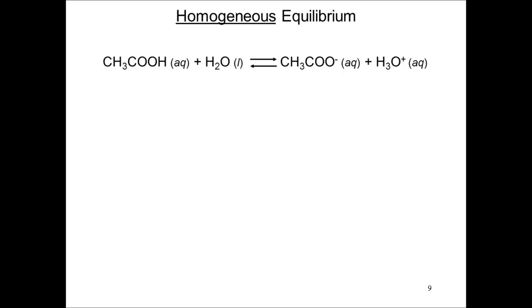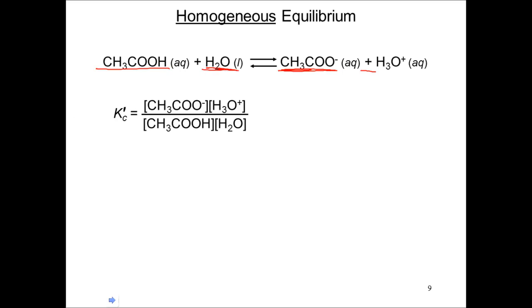On slide 9, homogeneous equilibrium continued. Let's look at an example where you take acetic acid and water and you get the acetate ion and hydronium ion. Well, Kc prime is going to be equal to the concentration of the acetate ion times the concentration of the hydronium ion divided by the reactants, our acetic acid and our water's concentration.